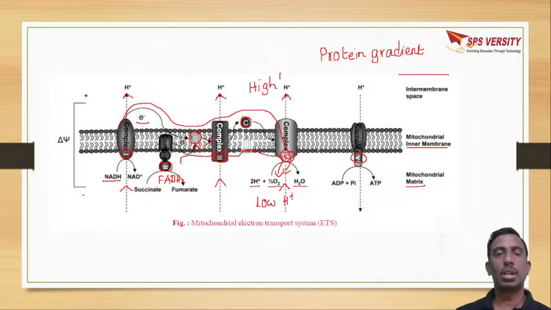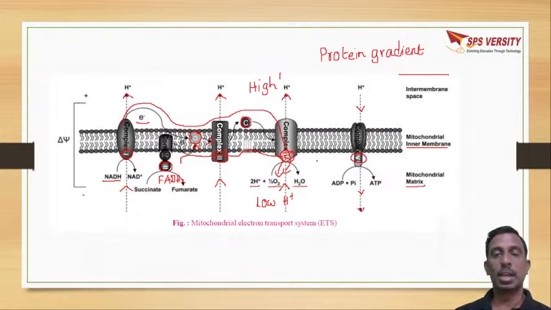So protons have to move through complex 5. इसको क्या बोलते कि ATP synthase. इधर देख सकते हो, direction of protons is like this, that is from intermembrane space to matrix.